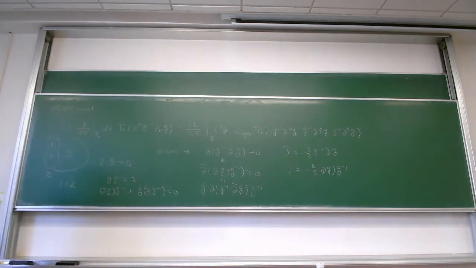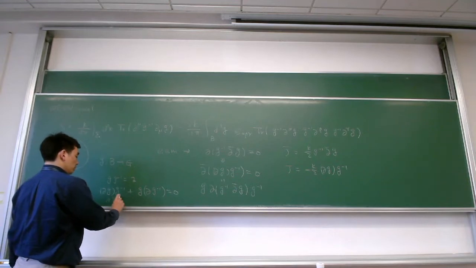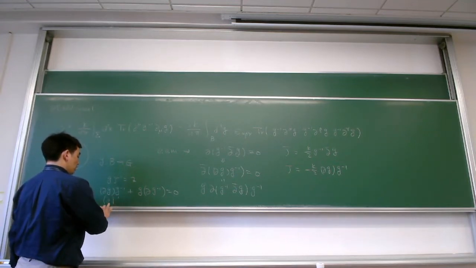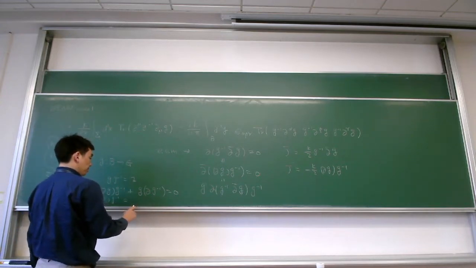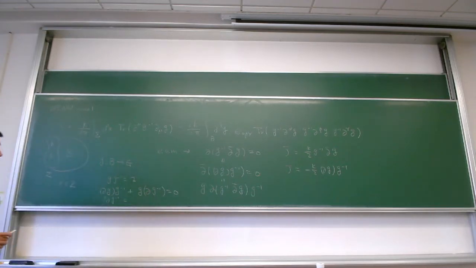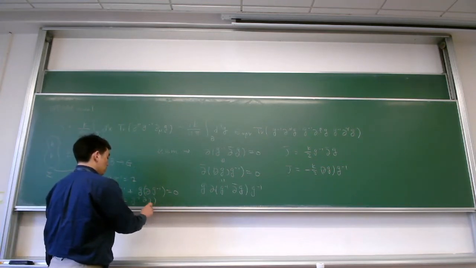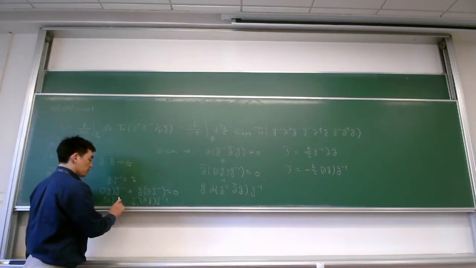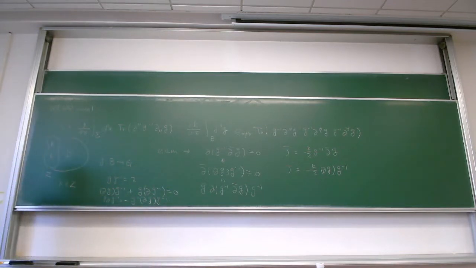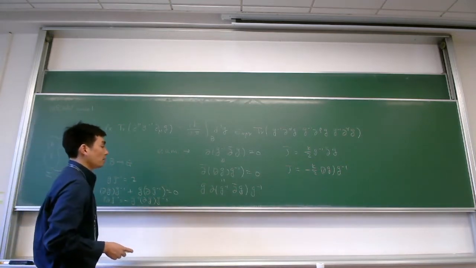Therefore, ∂G inverse is equal to minus G inverse ∂G G inverse. That we already showed last time. And the anti-holomorphic derivative is the same.